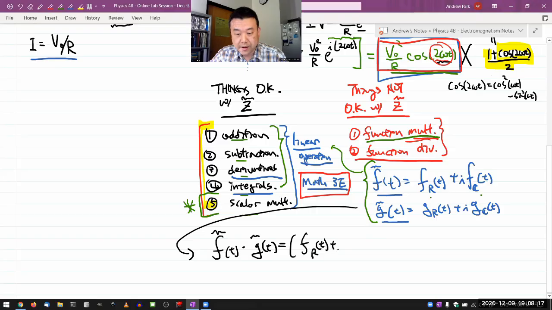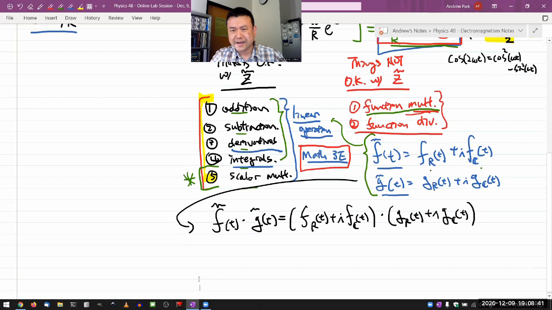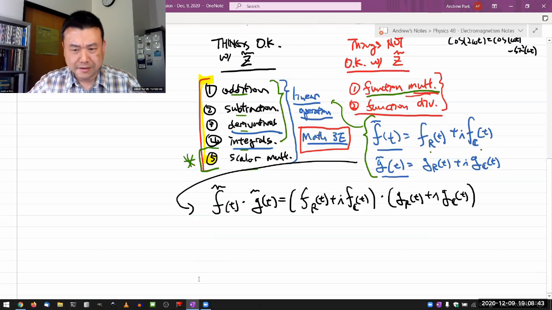You have to write out the whole thing, and there are potentially 4 terms here that I will get from this multiplication. Let me just try to quickly write them all out. Plus i g complex part, or imaginary part. Sorry, I tend to use complex as a synonym of imaginary, and that's not technically right.